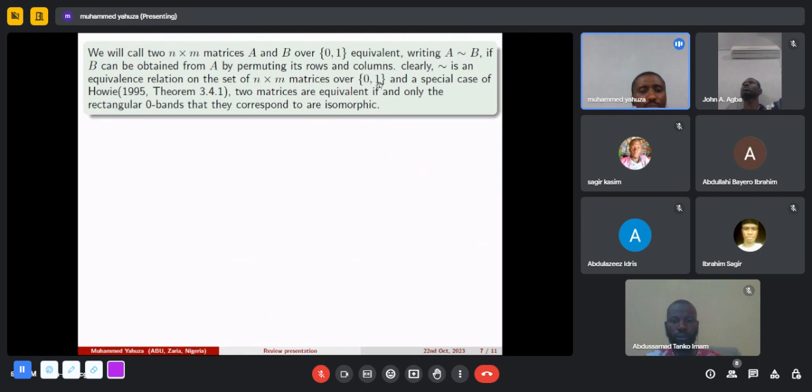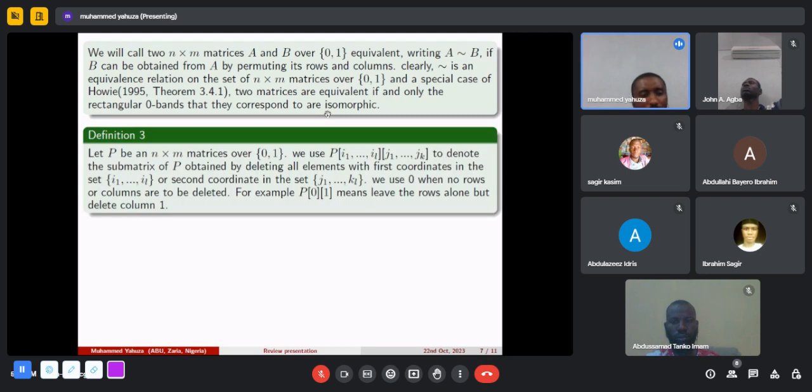And a special case of Howie 1995, Theorem 3.4.1 says two matrices are equivalent if and only if the rectangular zero bands that they correspond to are isomorphic. Now we have a definition here. Let P be an n by m matrix over 0 and 1.